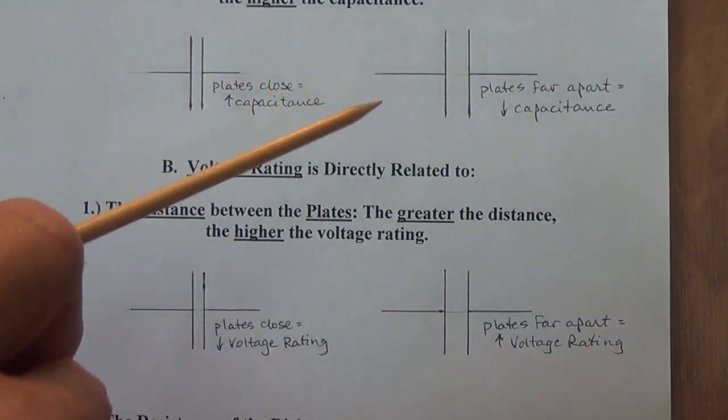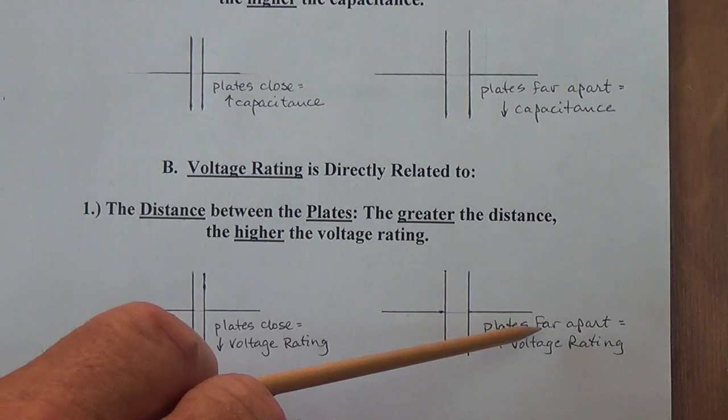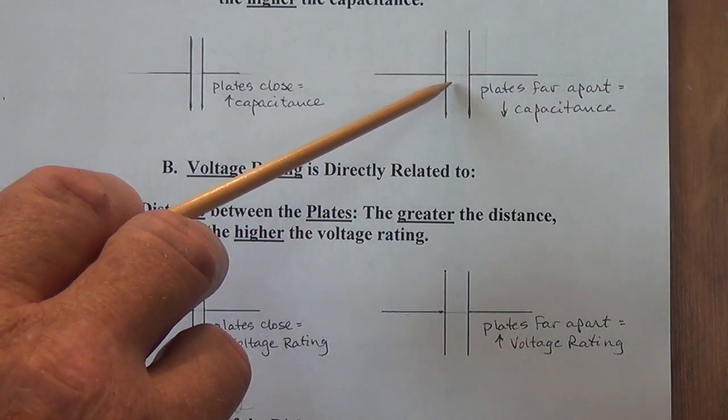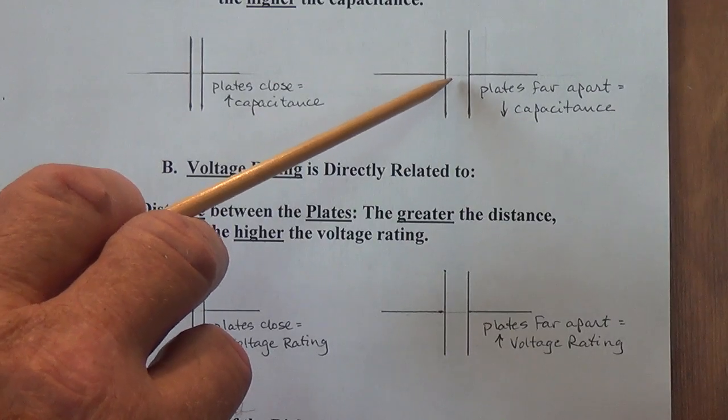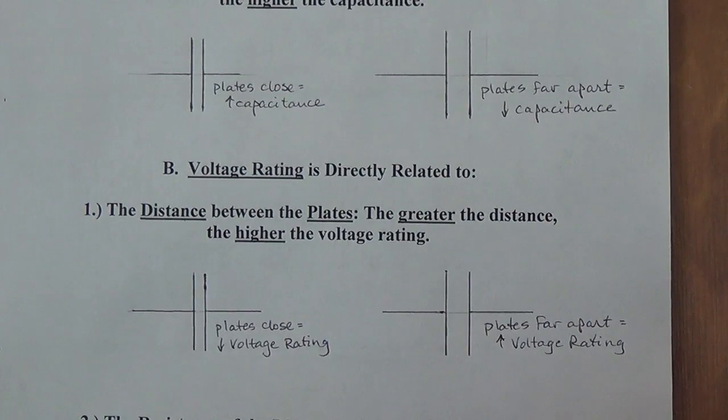So how can we possibly get the plates far enough apart to give us a high voltage rating, but not so far apart that we can't get also a high capacitance level? And we will see shortly that there is a very tricky way to accomplish this where you have the best of both worlds, and that is what we call electrolytic capacitors.